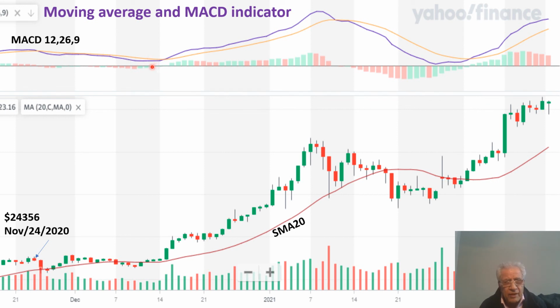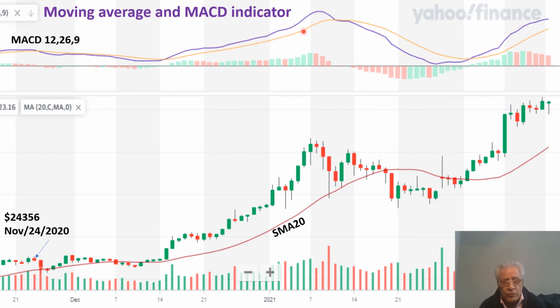And here, where the price breaks up, we enter the market, and you see that the green histogram bar below the zero line starts moving upward and continues moving upward, and you see the blue line is above the orange line.